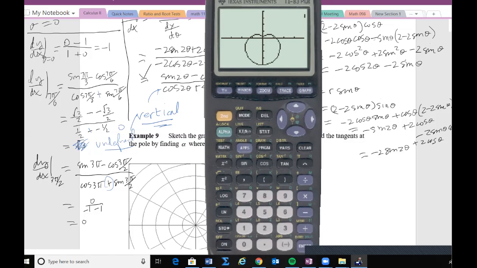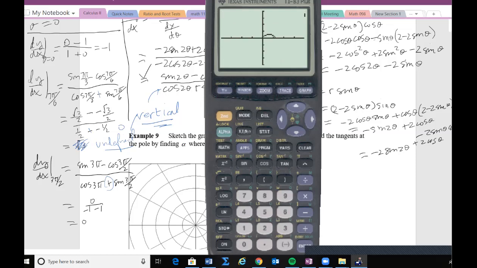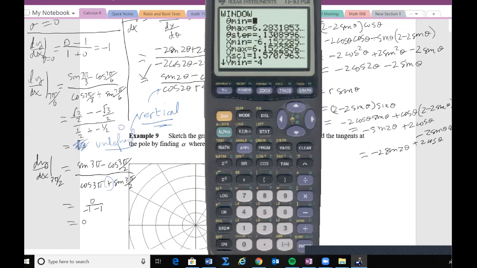Yeah, I mean, it didn't have to go that far. If this is a 0, what's going to happen? It did go around. What did I have before? Maybe I just had it out to pi. So our window is good enough from 0 to 2 pi. I must have had it at pi the first time I grabbed it. Okay, well, anyway, I just wanted to mention that about the calculator.